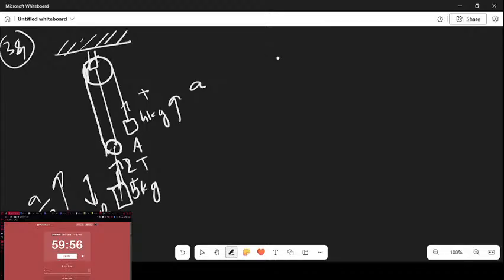So if I consider the FBD, tension minus 40 is equal to 4a.